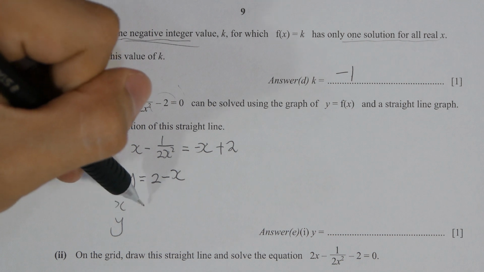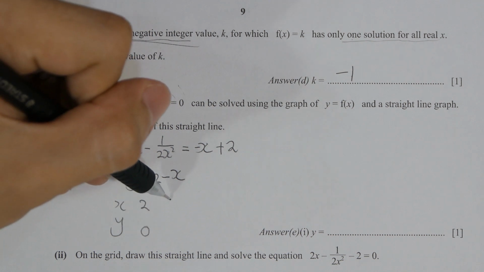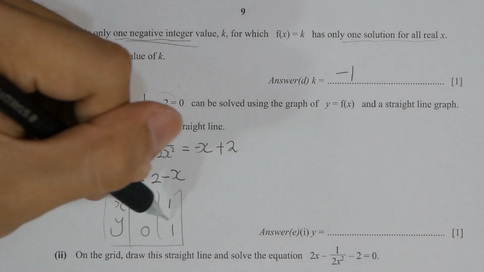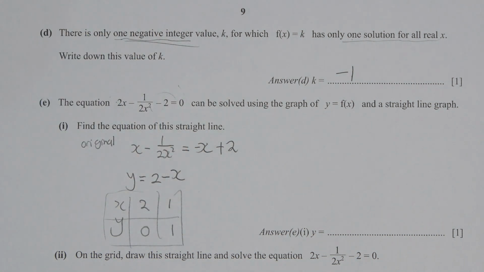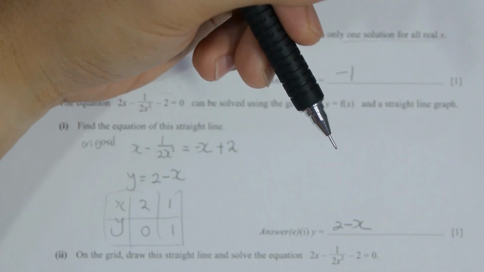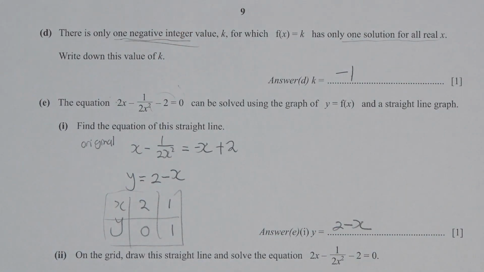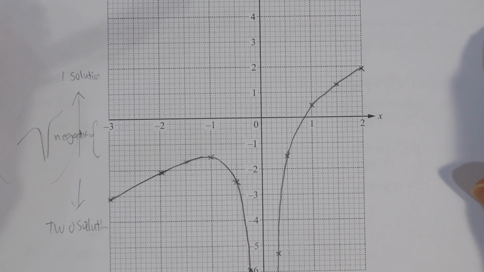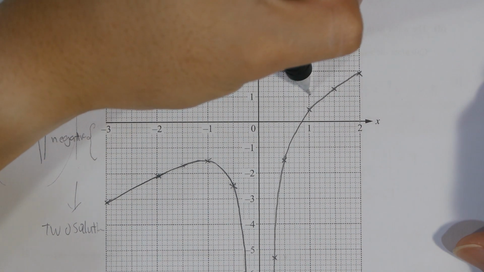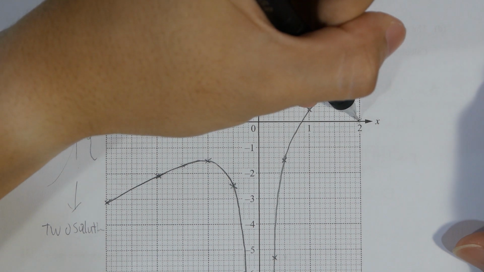Then you will get y equals 2 minus x. So I set x as 2 and 1, and I get the respective values of y as 0 and 1. So I drew out the line, and the intersection point here will be 1.2.